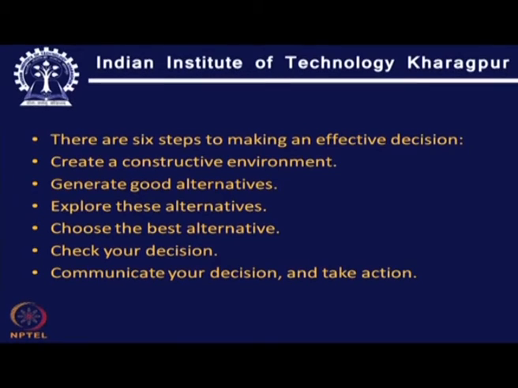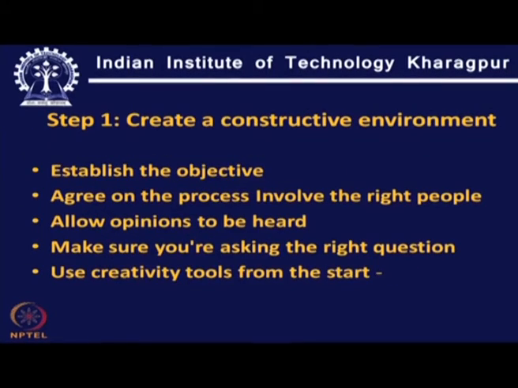These steps become more meaningful when we try to think of the organizational issues in decision making. But before going to that, we'll try to see each of the steps in a bit more detail.